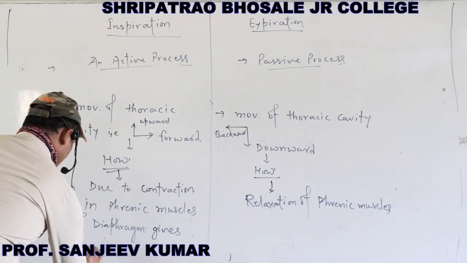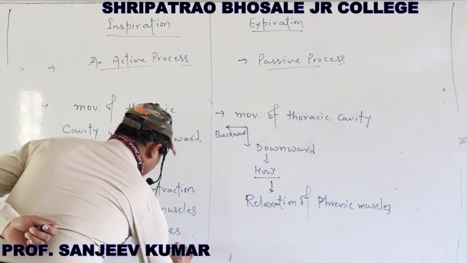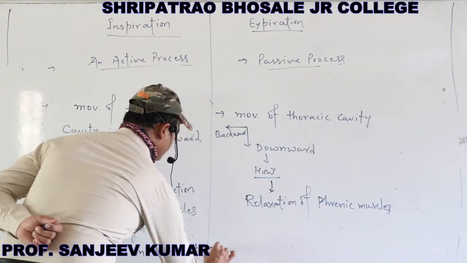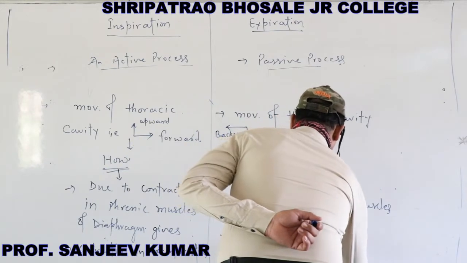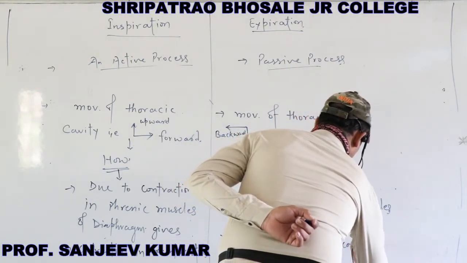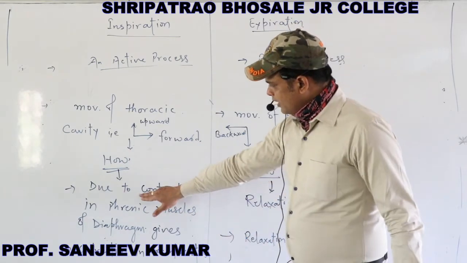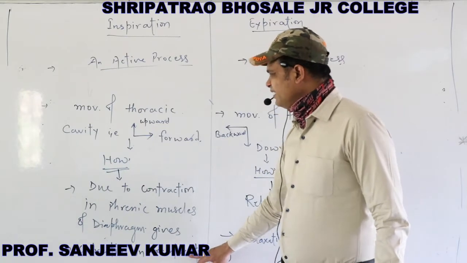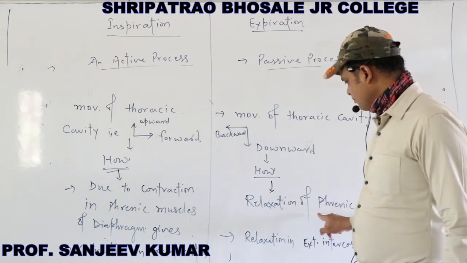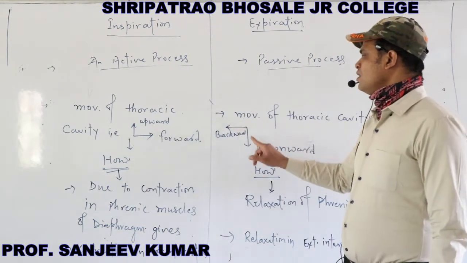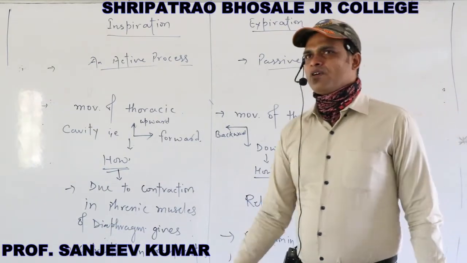Again, contraction in external intercostals and relaxation of external intercostals. So these two function basically: contraction in the diaphragm and contraction in intercostal muscles give upward and forward movement, and relaxation of phrenic muscles and relaxation of external muscles give rise to the backward and downward movement.